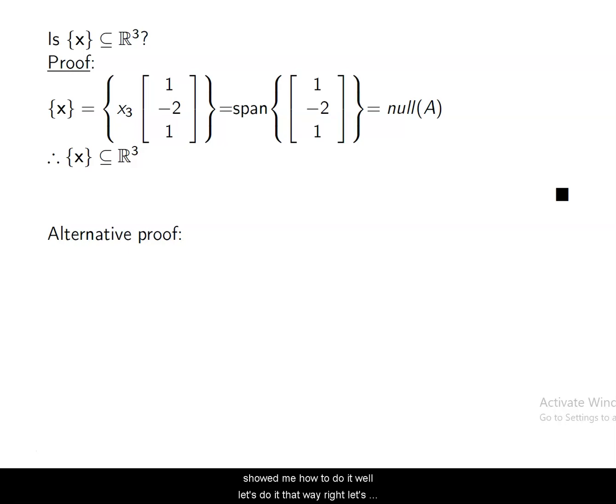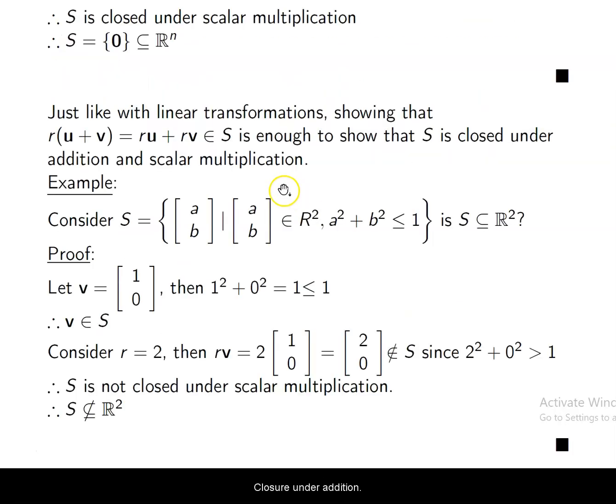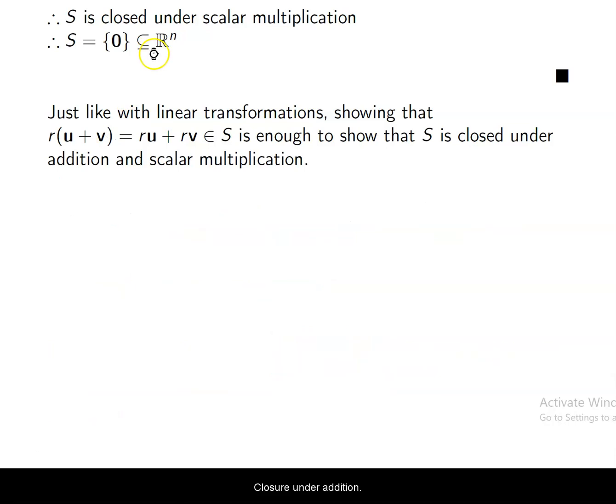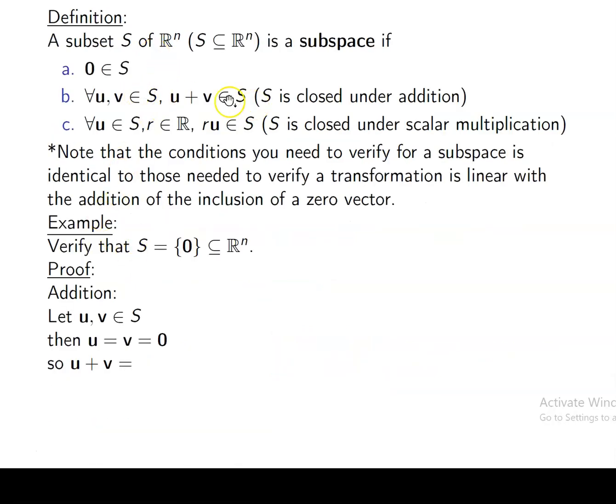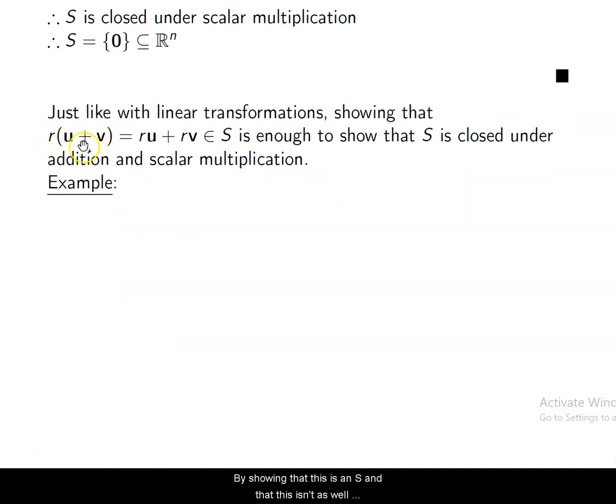Let's do an alternative proof, by showing the closure under addition and then closure under scalar multiplication. In fact, we can do it all at once, remember, by showing that this is in S and that this is in S as well.